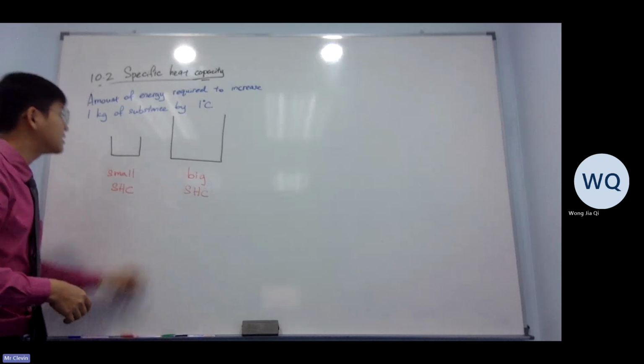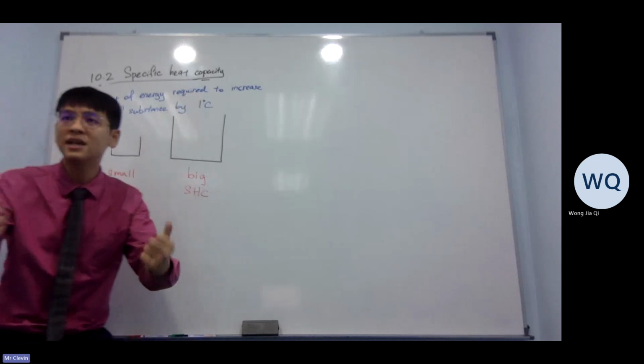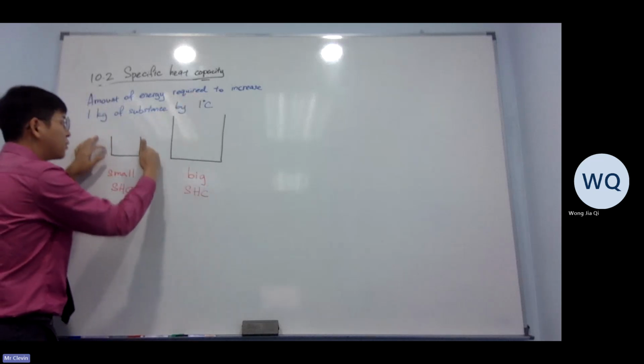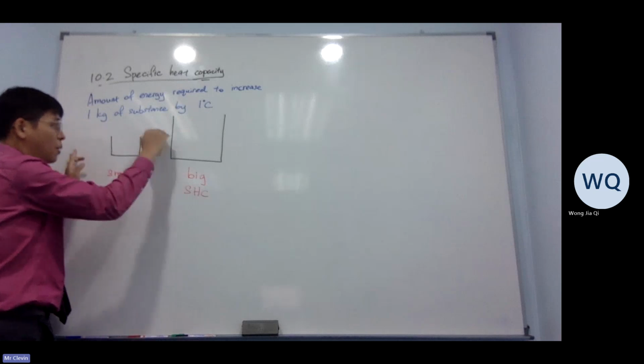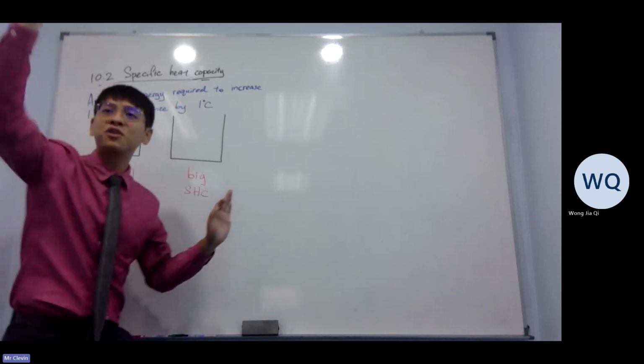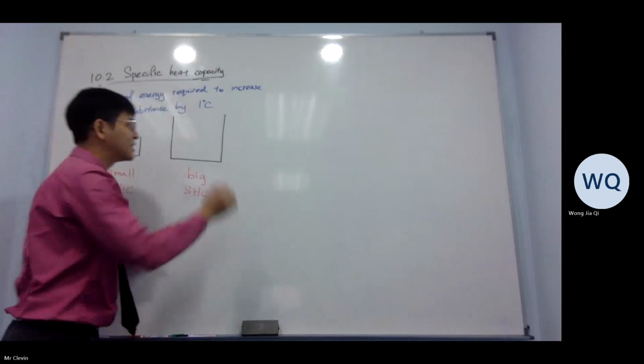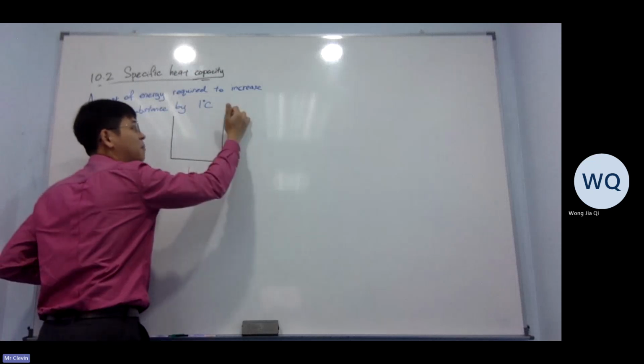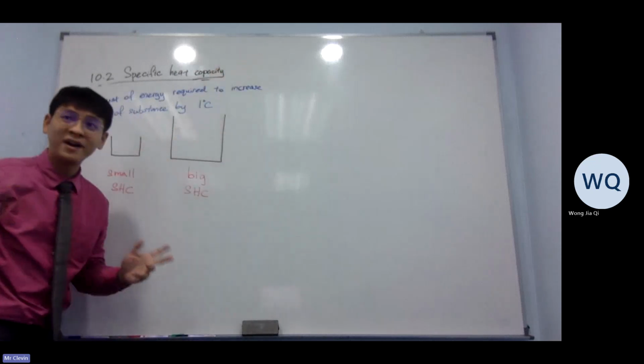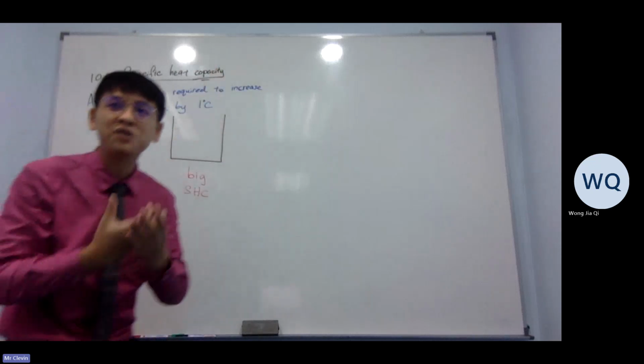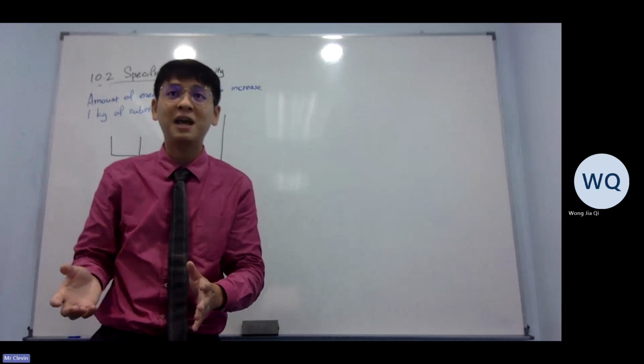So what this definition tells us is, if I fill up the water here completely full, then I will increase 1 degree Celsius. Same thing goes here. If I fill up here completely full, I will increase 1 degree Celsius. That is what you can think of as specific heat capacity.